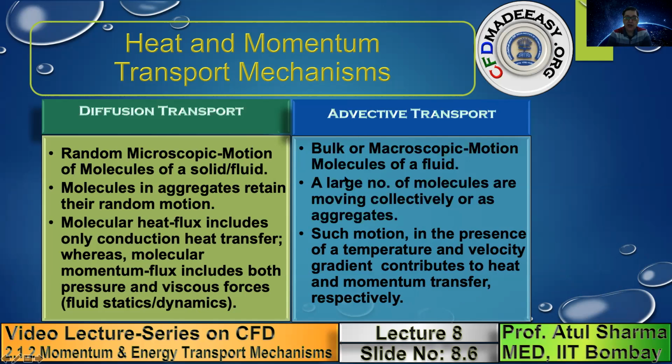When you have such bulk motions in the presence of a temperature gradient, you have heat transfer. When you have bulk motion with velocity gradients, you have momentum transfer.